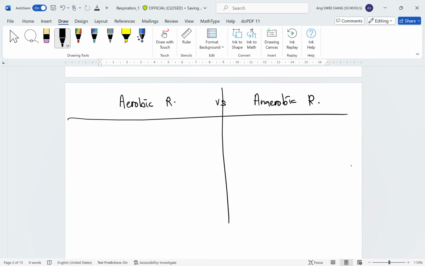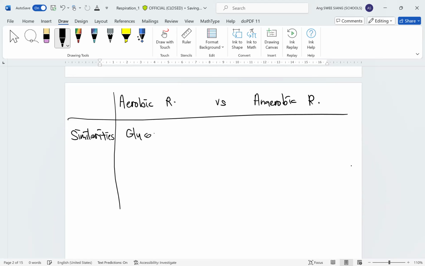Let's start with similarities first. Can I have someone tell me one similarity that you can think of? Both involve glucose. You must phrase it properly. Since it's a similarity, you don't need to put a line between.